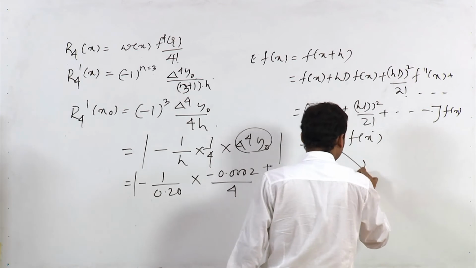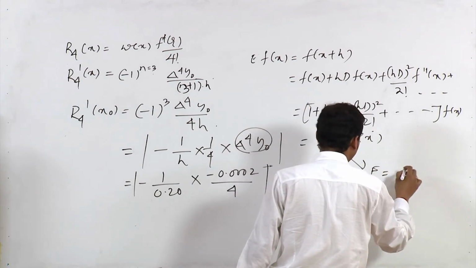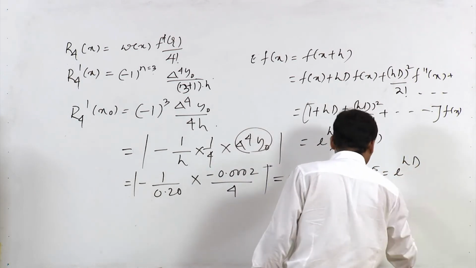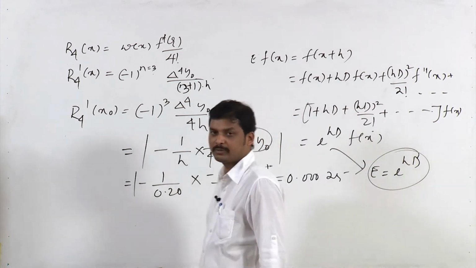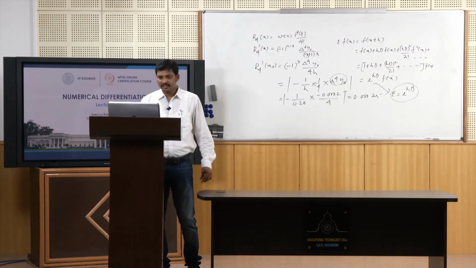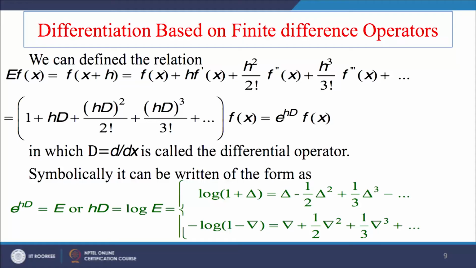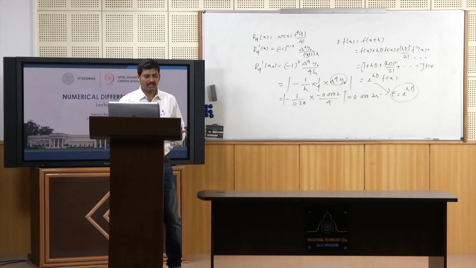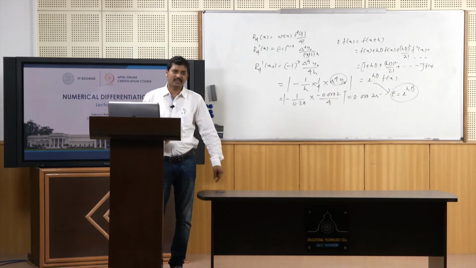And finally, we are expressing this shift operator E as e to the power hd here, that we have expressed in the earlier lectures, that d equals d by dx here, that is nothing but the derivative here, and which can be expressed in the form of forward difference operator, backward difference operator, central difference operators. In any form we can express this shift operator.